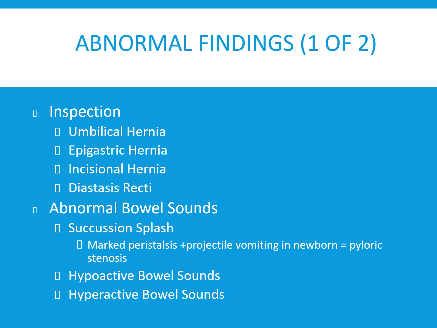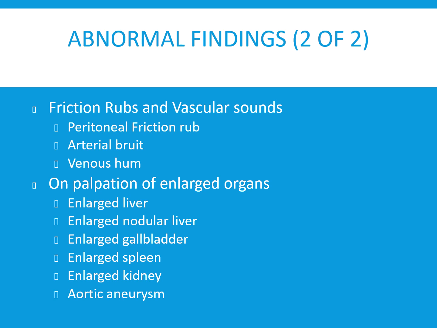There's a special one called succussion splash. You don't really have to remember this one right now, but it has to do with the newborn period. You may want to listen for friction rubs and bruits and any sort of hums or abnormal sounds when you're listening to vascular. And any of your organs on the inside could be enlarged.